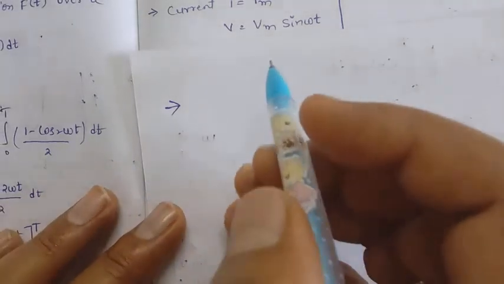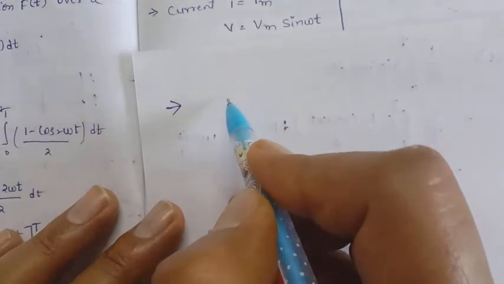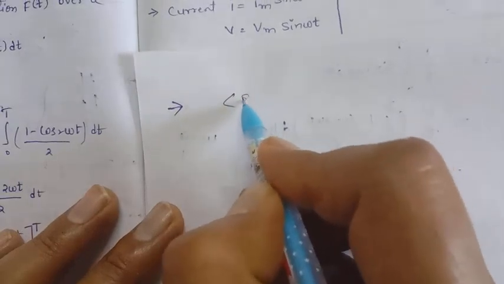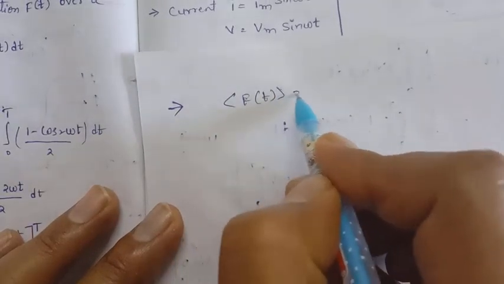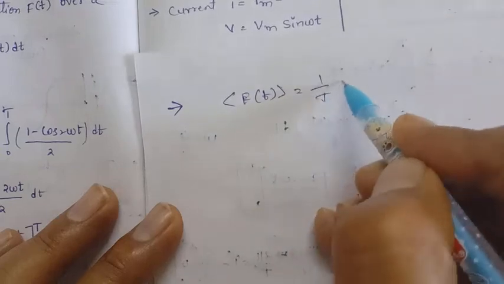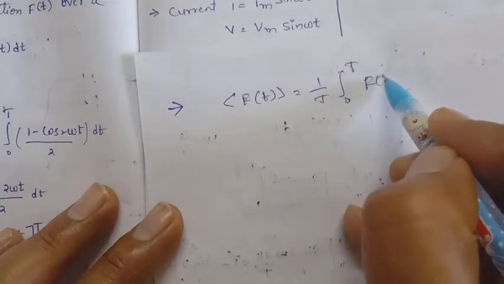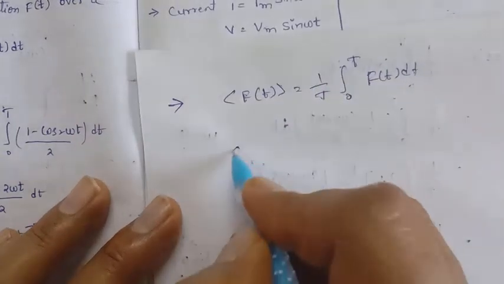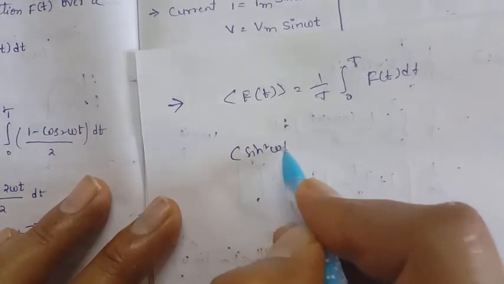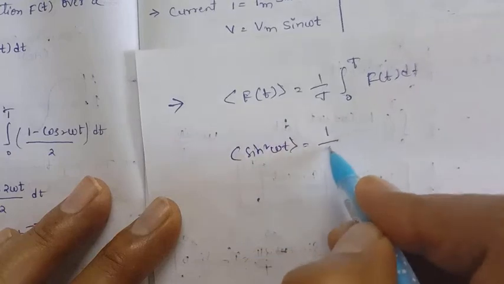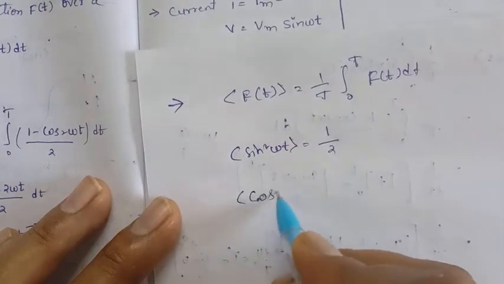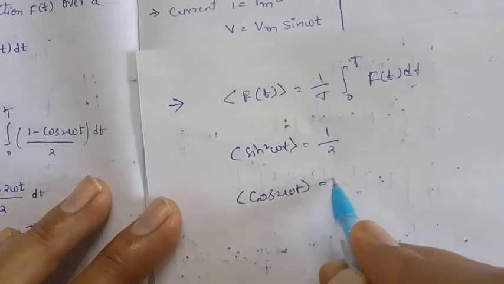And what is the average function we have to derive now? What is the average function formula? The average function f of t is equal to 1 by T integration 0 to T of f of t into dt. If suppose the average of sine square omega t, what is the value we are getting? Half. What is the average value of cos 2 omega t? 0.